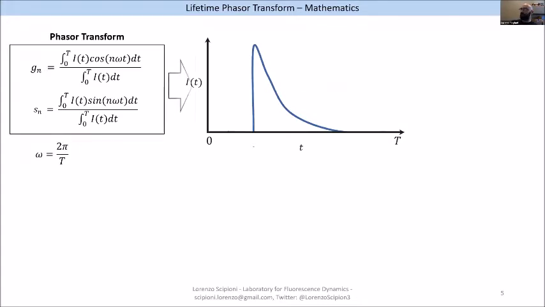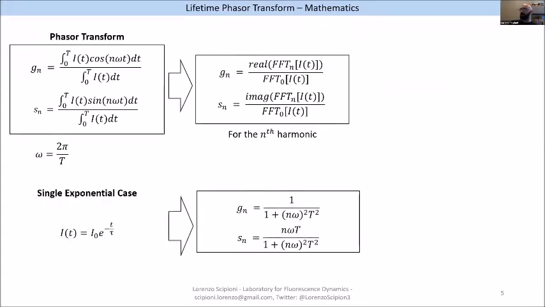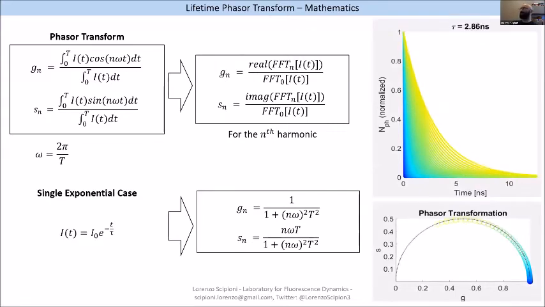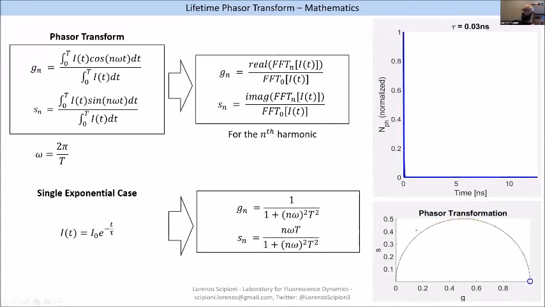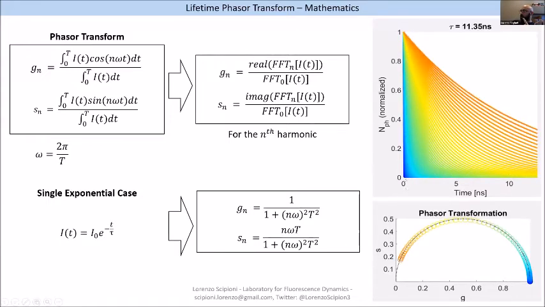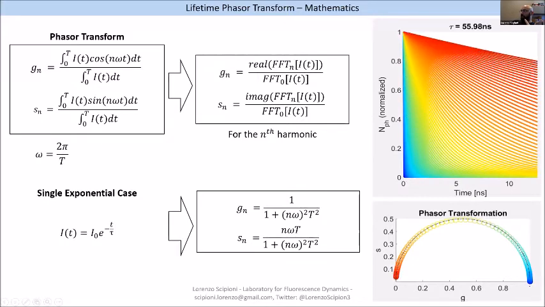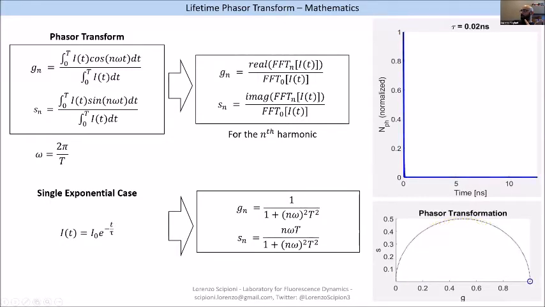So let's skip a little bit the mathematics. You must have seen it 1,000 times in this workshop. But basically, let's go to the pictures. What you see here is what happens when you transform a lifetime decay into the Phasor. If you have a very sharp fluorescence decay, it will be here on the far right side of the Phasor plot.